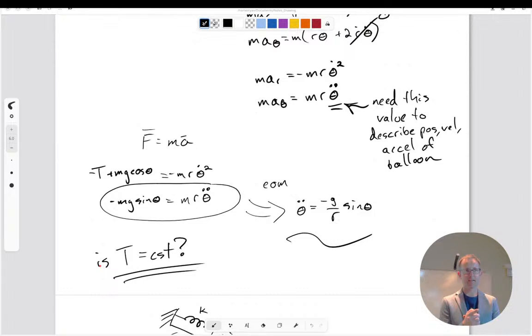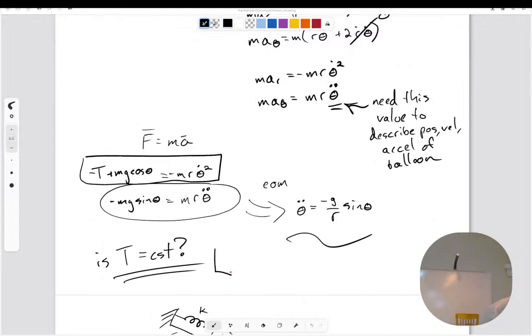It should be constant overall. You think constant? We have an equation for it, right? I could say T is mg cosine theta. Or wait, what is it? A negative T. So over there.